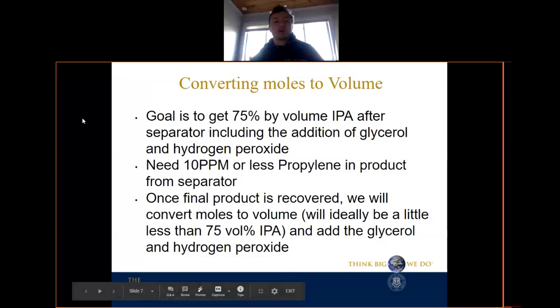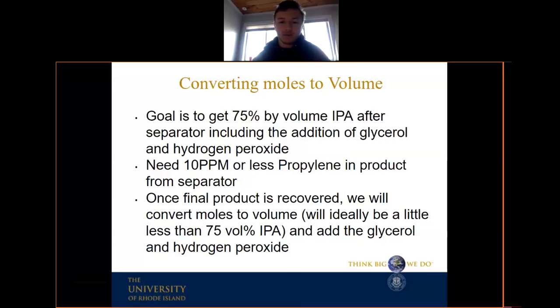So in the end, our goal is to get 75% by volume IPA from the separator after we include the addition of glycerol and hydrogen peroxide. The goal is to have less than 10 parts per million of propylene in our product stream from the separator.